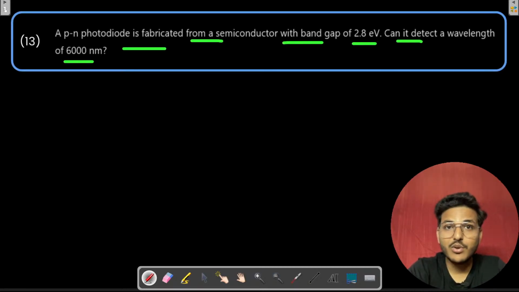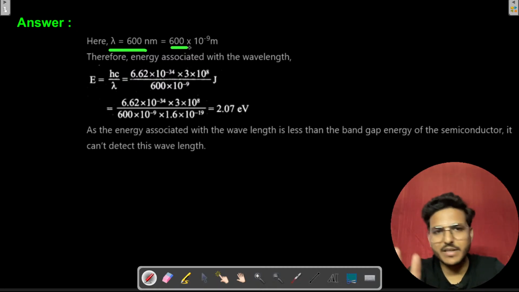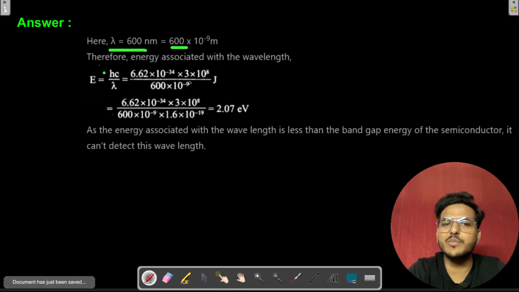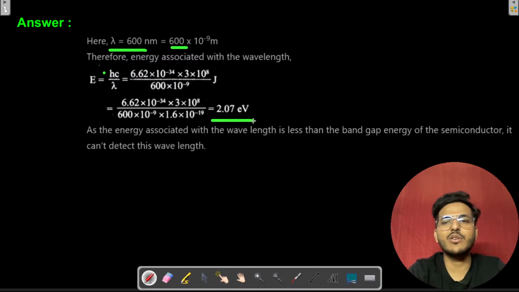Answer of this question. See, lambda equals 6000 nanometer, that is 6000 into 10 to the power minus 10 meter. Now check the energy level, this is a photodiode. E equals hc by lambda, where h is Planck's constant, c is the speed of light, and lambda is given. Now the value is 2.07 electron volt.